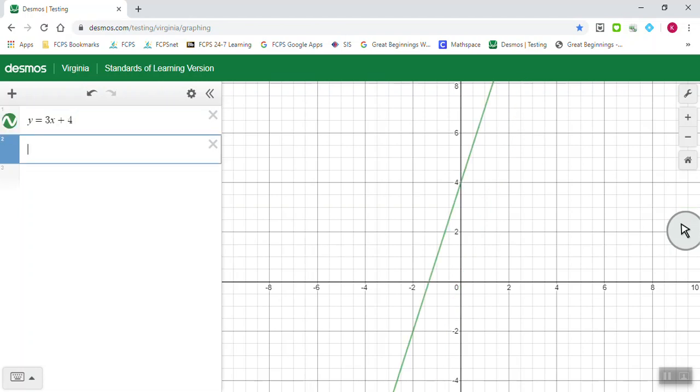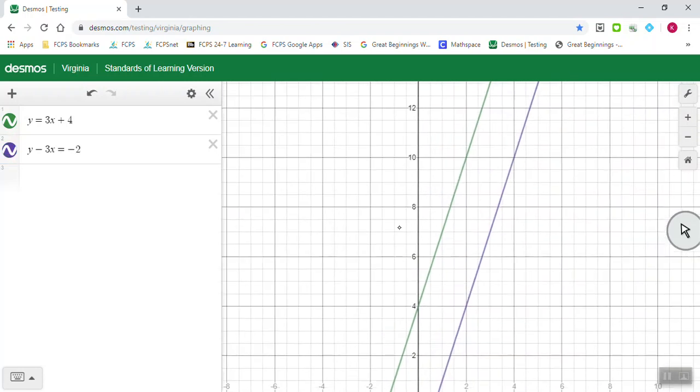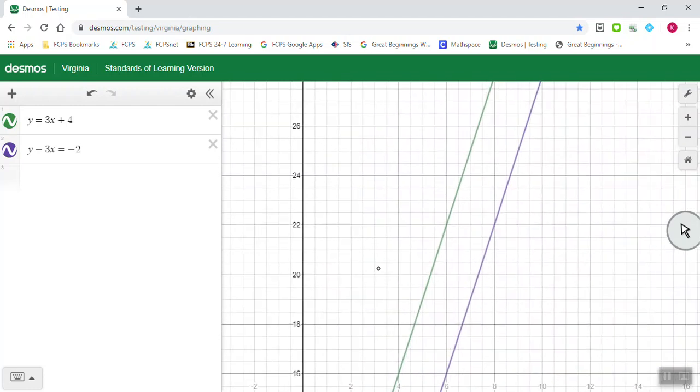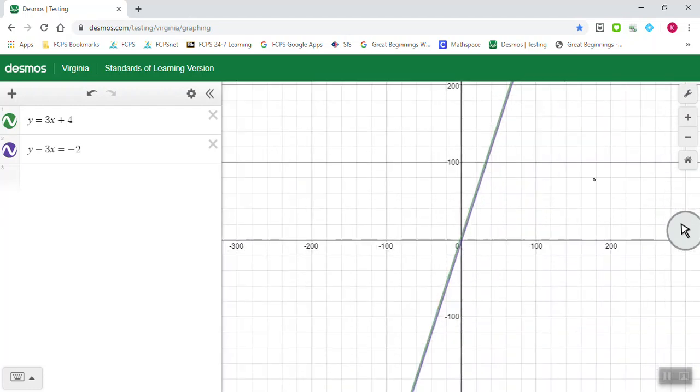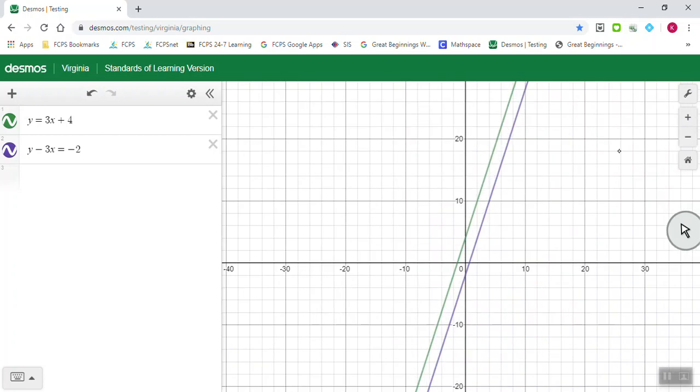And then the second one is y minus 3x equals negative 2. And we can see these are parallel lines. No matter how much we drag or if we zoom out, they are parallel lines. So there is no solution.